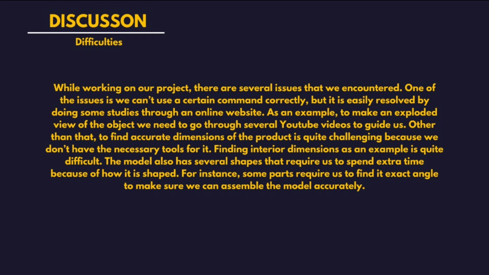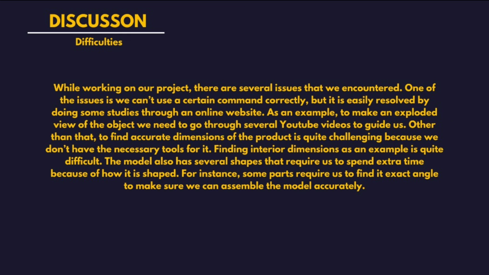For the next part, discussion. While working on our project, there are several issues that we have encountered. One of the issues is that we could not use a certain command correctly, but it was easily resolved by doing some studies through an online website. As an example, to make an exploded view of the object, we needed to go through several YouTube videos to guide us.